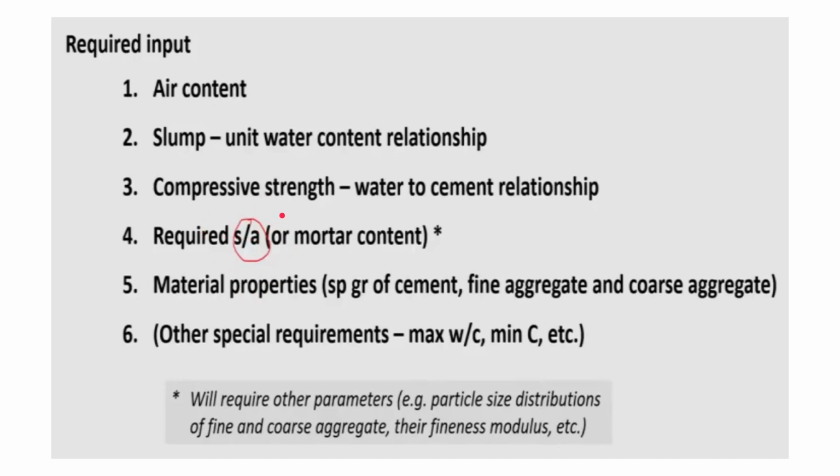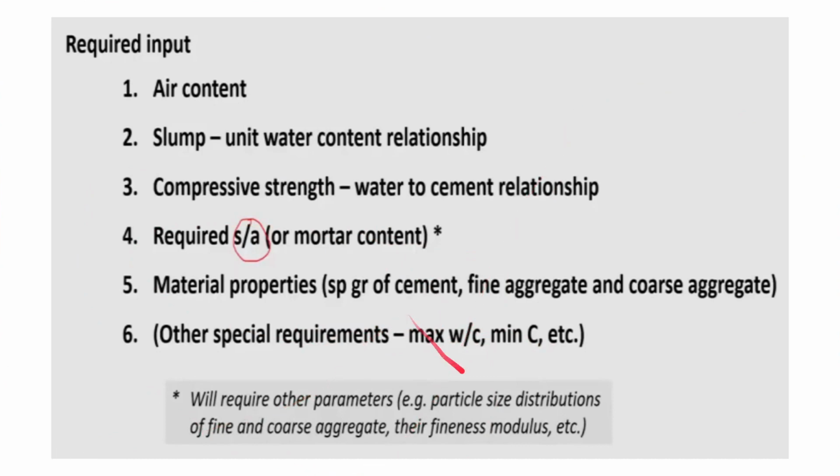If you know the coarse aggregate by total aggregate, you can find S by A and vice versa. Fifth is the material property, which depends on the specific gravity of cement, fine aggregate, and coarse aggregate. Sixth is the other special requirements, those are the limitations, maximum and minimum. All those give the inputs which are required for designing the mix.